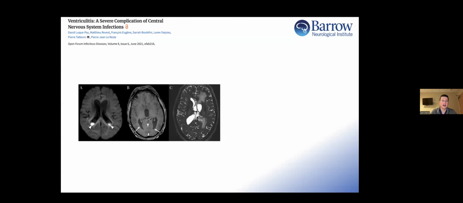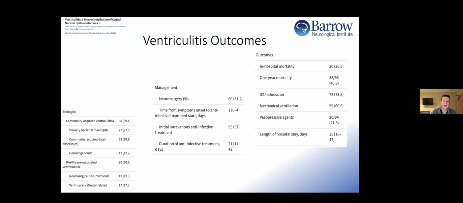The course of ventriculitis is particularly malignant. When we all see this scan from a review published in 2021, we should immediately think that this is a patient that requires an external ventricular drain in the setting of transependymal flow and diffusion restriction within the ventricles. When we look at the outcomes of ventriculitis, they are particularly poor.